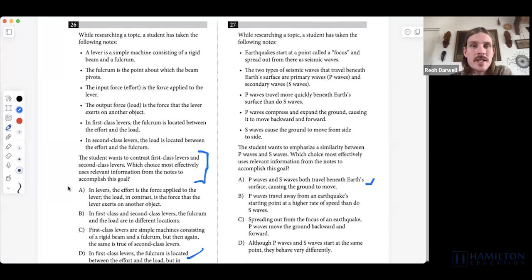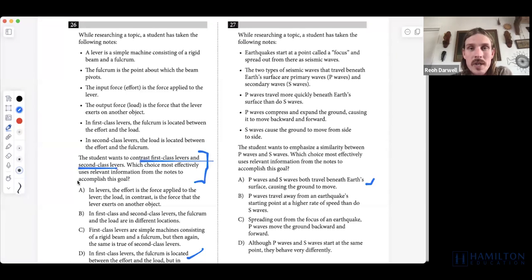But these questions are a little tricky because it may be implied subliminally that your goal is to summarize in some way these notes all together. But that's not what we're being asked. We're usually just being asked what information is relevant to the claim or the goal, and everything else that isn't relevant must not be there.